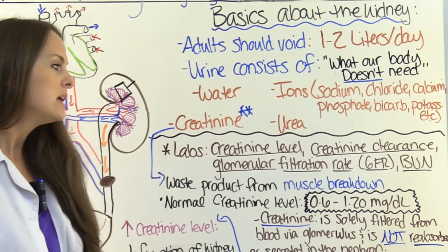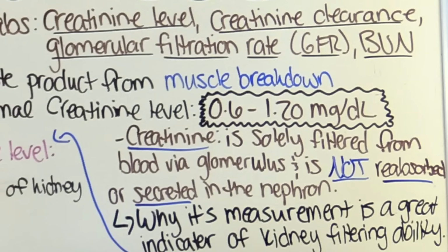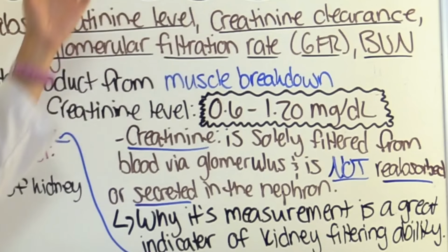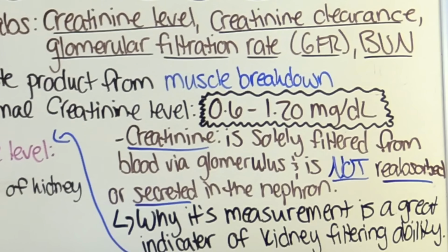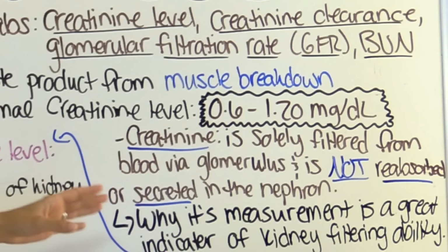per deciliter. So let's talk a little bit about creatinine, because now we're getting into our labs. So creatinine is measured a lot whenever renal failure is suspected, because they will take your creatinine level, your creatinine clearance, and your glomerular filtration rate along with the BUN to really determine how well those kidneys are filtering and removing waste from the body. So creatinine is solely filtered from the blood via that glomerulus. So blood's going through the glomerulus, creatinine's dripping down in there.